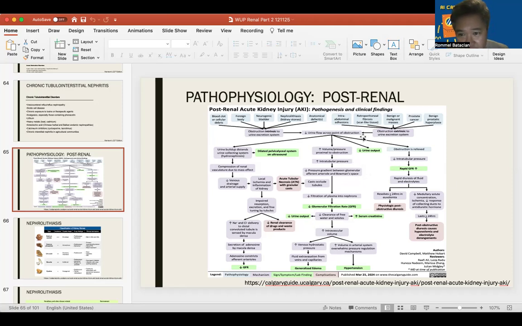And while obstruction can be relieved, it could cause a rapid increase in the GFR and rapid diuresis, which may cause post-obstructive diuresis that could lead to hypovolemia or electrolyte abnormality. So we have to be very careful in managing post-renal or any obstructions that cause post-renal acute kidney injury.